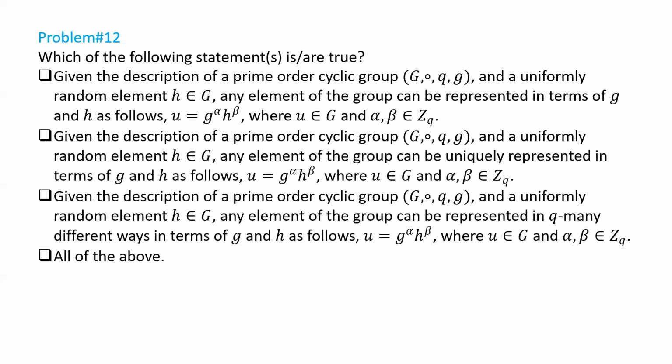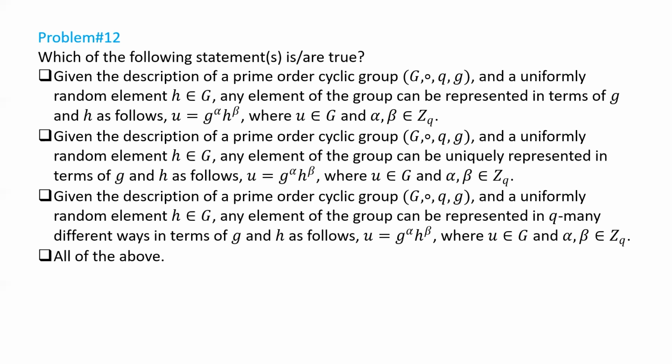And G to the power alpha is never equal to G to the power alpha dash, because if alpha and alpha dash are distinct, then you will have another unique beta dash when you are representing U as G to the power alpha dash, H to the power beta dash. So if alpha is not equal to alpha dash, then beta is also not equal to beta dash.